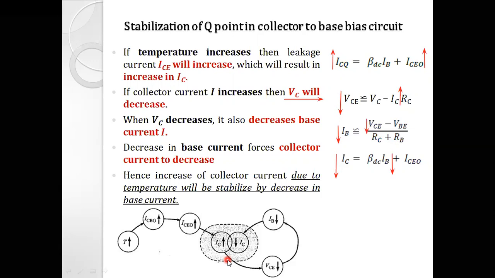Ultimately, we can say there is no effect of temperature change on the operating point Q, as far as the collector current parameter ICQ is concerned. Hence, the increase of the collector current due to temperature will be stabilized by the decrease in the base current. This is shown over here.